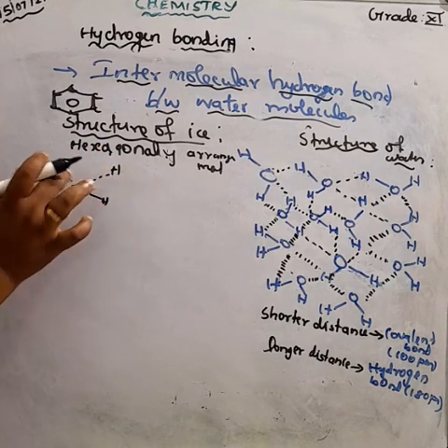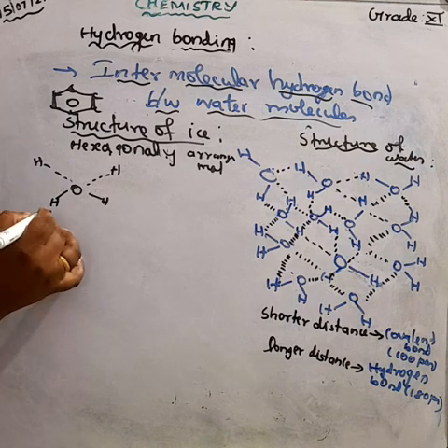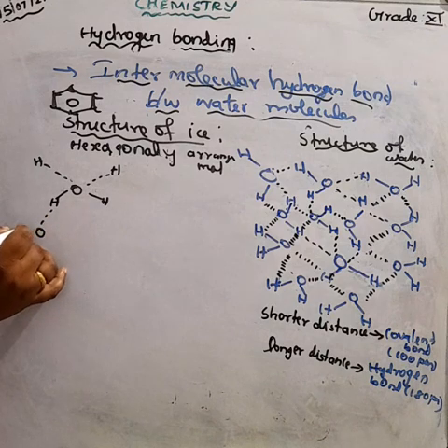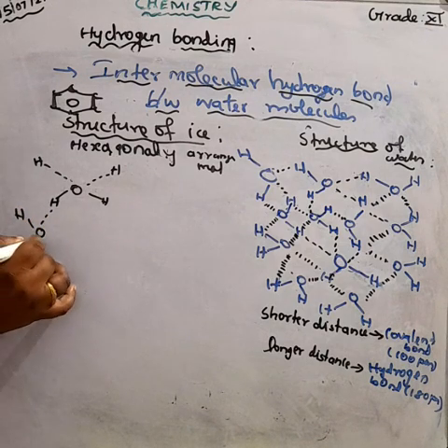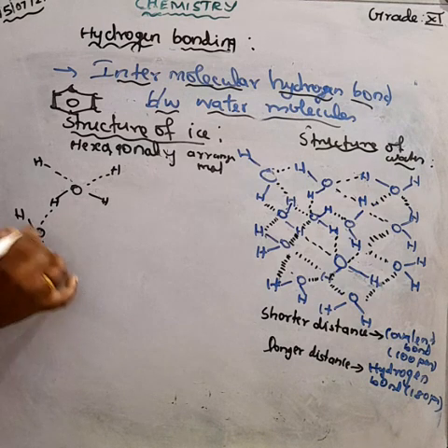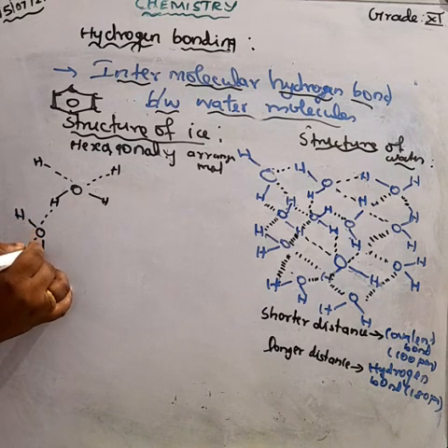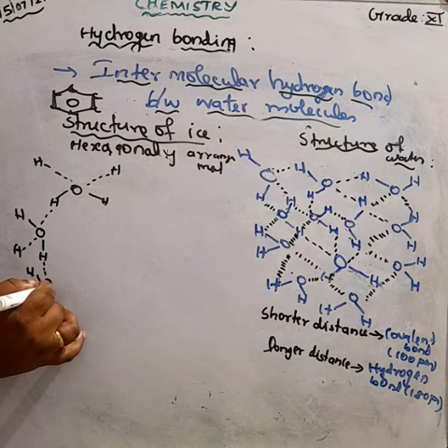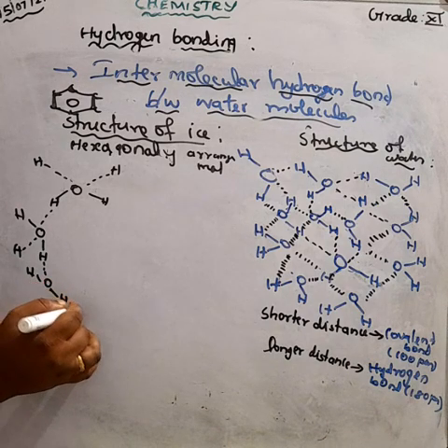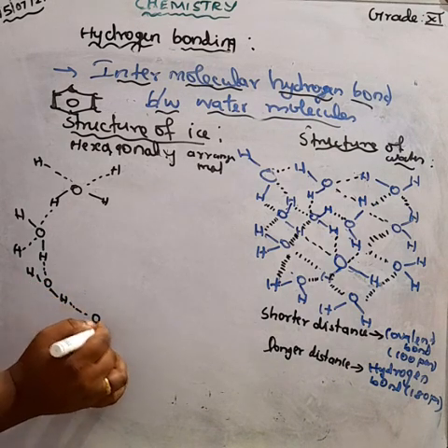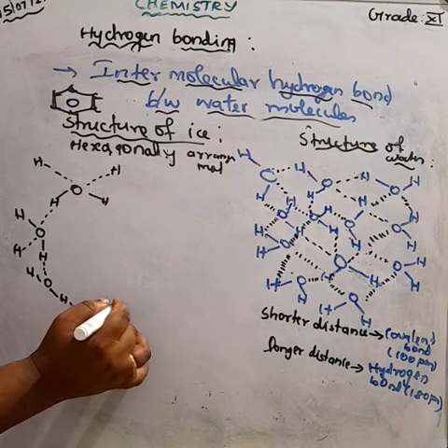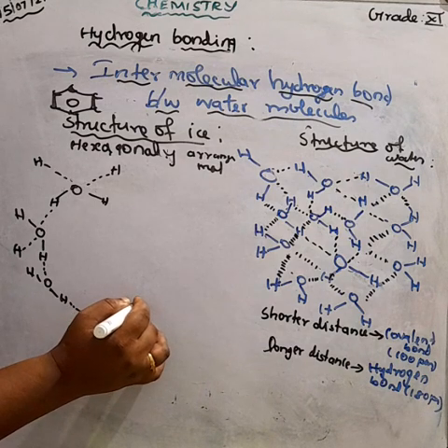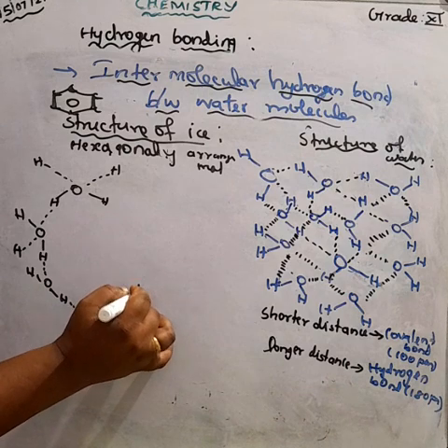How does it arrange the open structure? In the structure of ice, one water molecule can combine with two other water molecules by hydrogen bonds, and this hydrogen is bonded with another oxygen. Okay, and this also combines with the hydrogen.